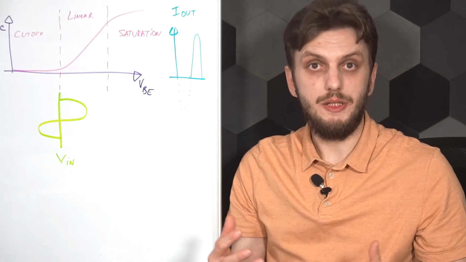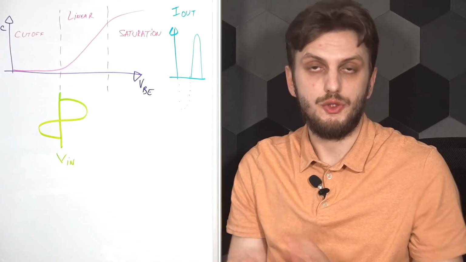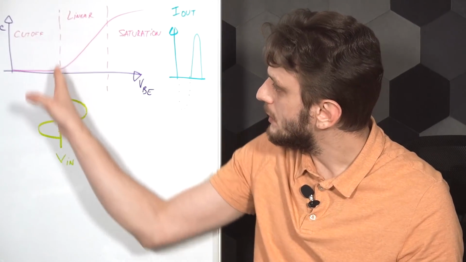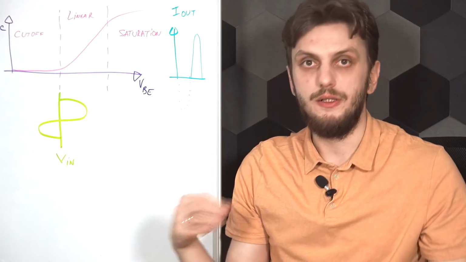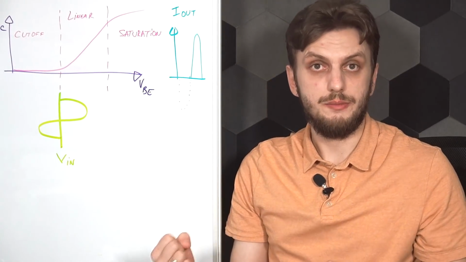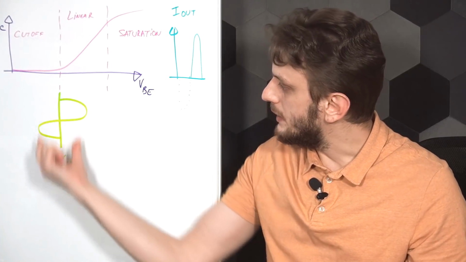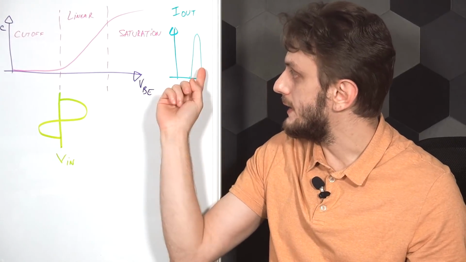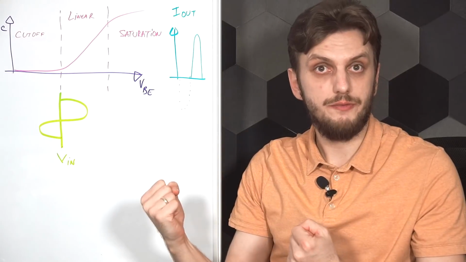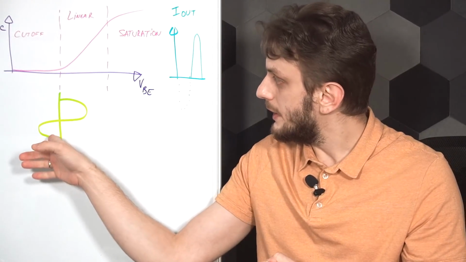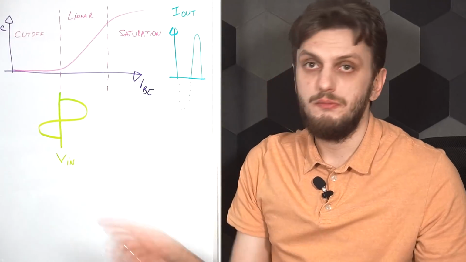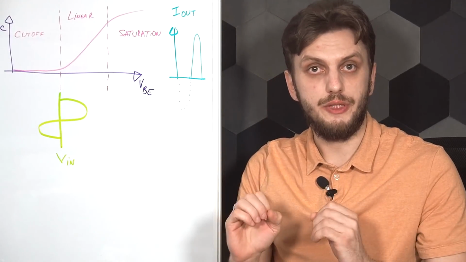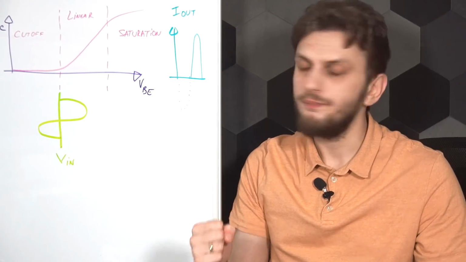And in class B, the static operating point, so where the amplifier stays when there is no signal, is put right on the border in between cutoff and linear mode. And what this means is that when you're applying an input signal, half of the signal is in the linear mode, it gets amplified and it goes to the output of the amplifier, whereas the other half is in the cutoff region and nothing happens to it.